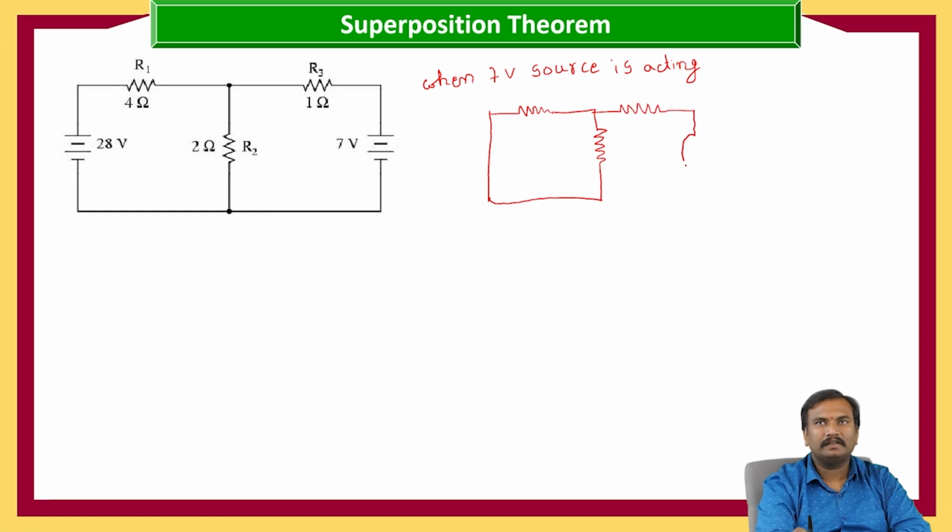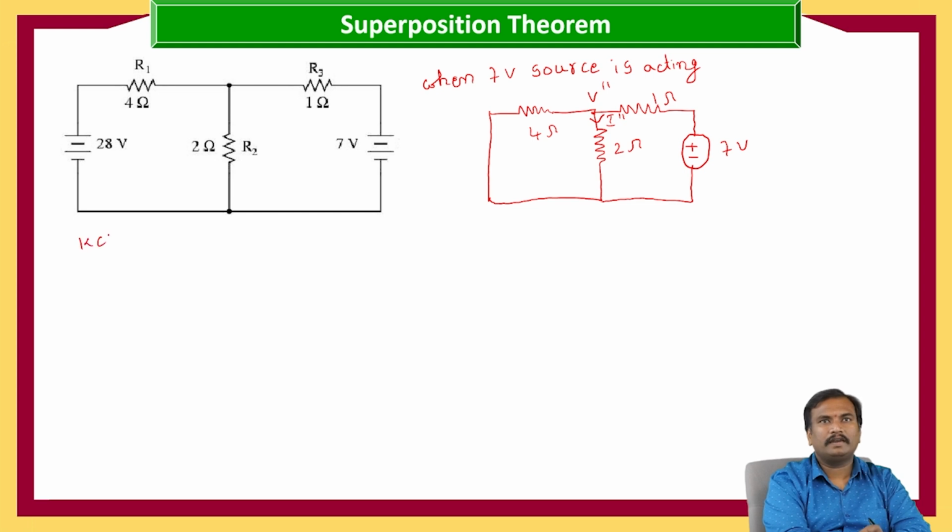Now we are replacing the circuit with only the 7 volt source acting. 7 volts, 1 ohm, 2 ohms, 4 ohms. Now let us consider this node voltage as V double dash, and the current as I double dash.